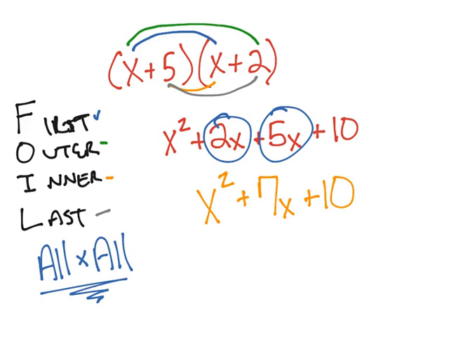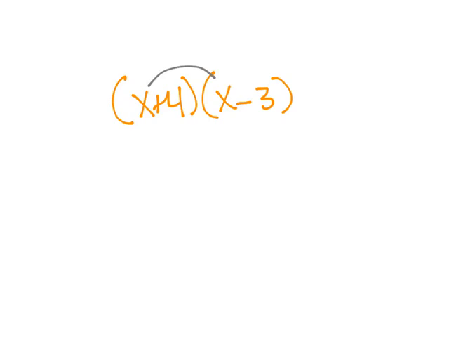Let's do one more quick example. X plus 4 times x minus 3. Again, we'll follow our multiplication pattern. First, outer, inner, and last. Remember, FOIL is just an acronym that represents the distributive property.